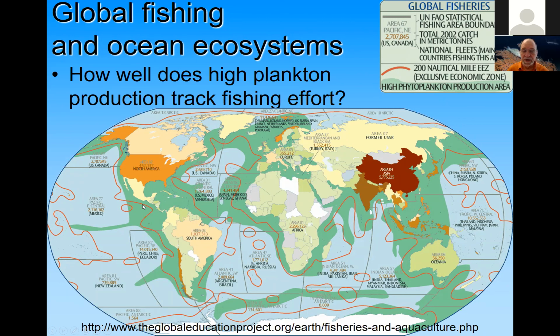But it also gives the countries control over fishing offshore. So fishing in national waters has to honor and compensate by law the coastal countries within that EEZ. Okay.